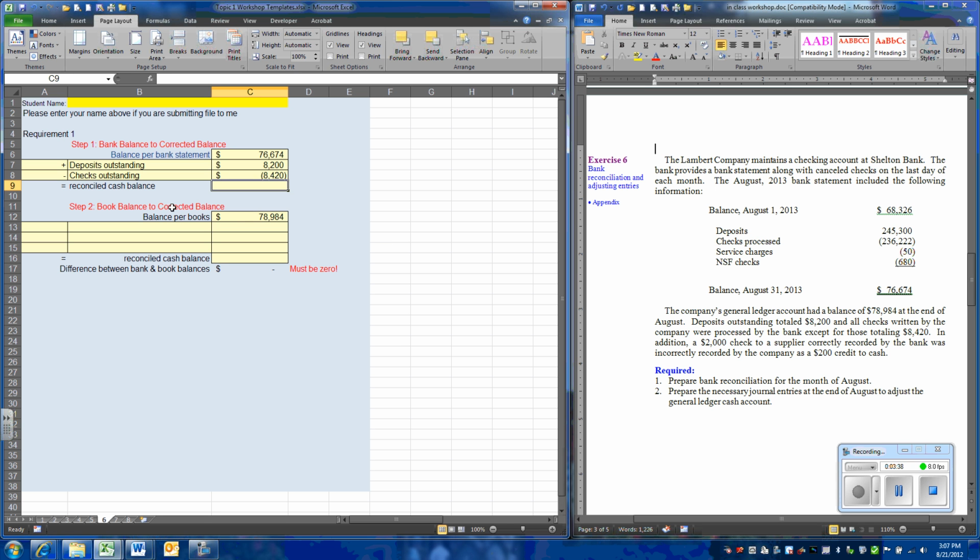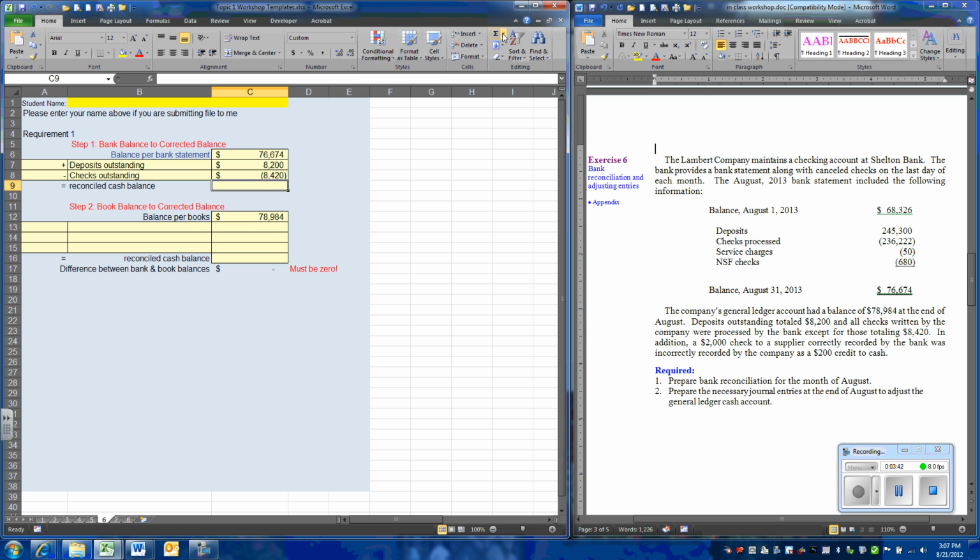So our bank balance is now complete. We can sum up our column, and our true reconciled balance in the bank is $76,454, and that's the amount now that we have to reconcile with our accounting books.